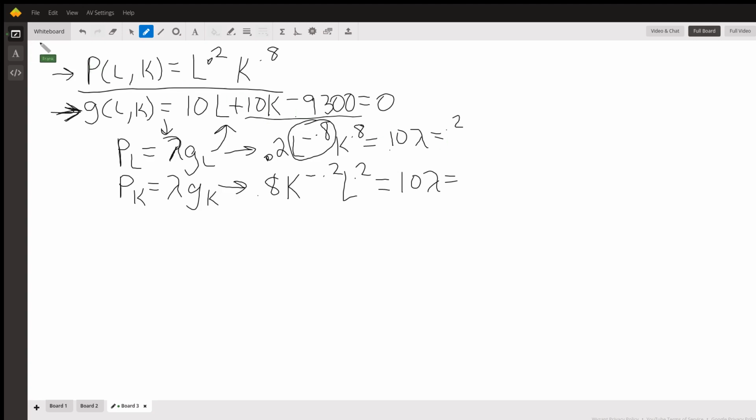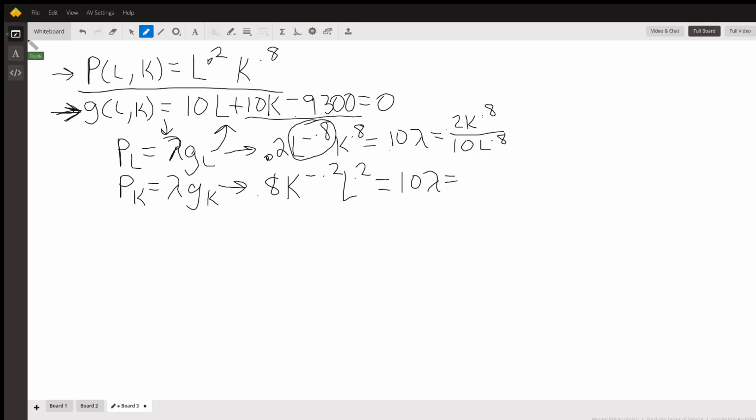So 0.2 times K to the 0.8. Remember, if something is in the numerator and the exponent is negative, move it to the denominator and make it a positive exponent. If it's in the denominator with a negative exponent, move it to the numerator and change the exponent to positive. So divide by 10, and then L to the 0.8.